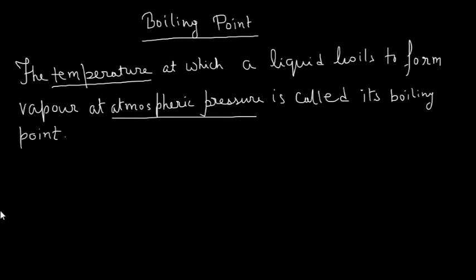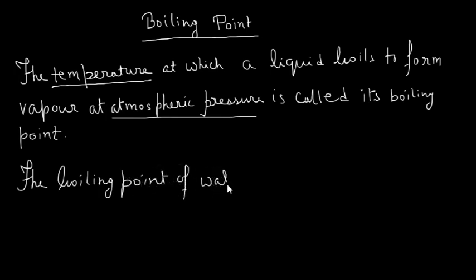So the boiling point of water is 373 K. This means 100 degree centigrade.